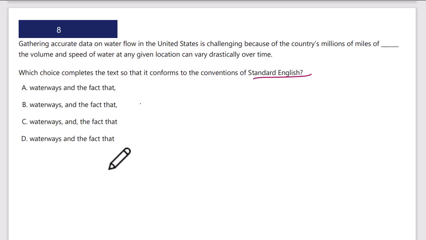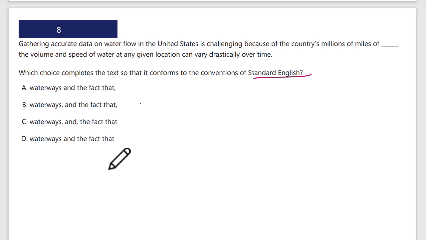Gathering accurate data on water flow in the United States is challenging because of the country's millions of miles of waterways and the fact that the volume and speed of water at any given location can vary drastically over time. So, millions of miles of waterways, the volume and speed, and the fact that the volume and speed. I don't think we need, hold on, we might need to combine them.